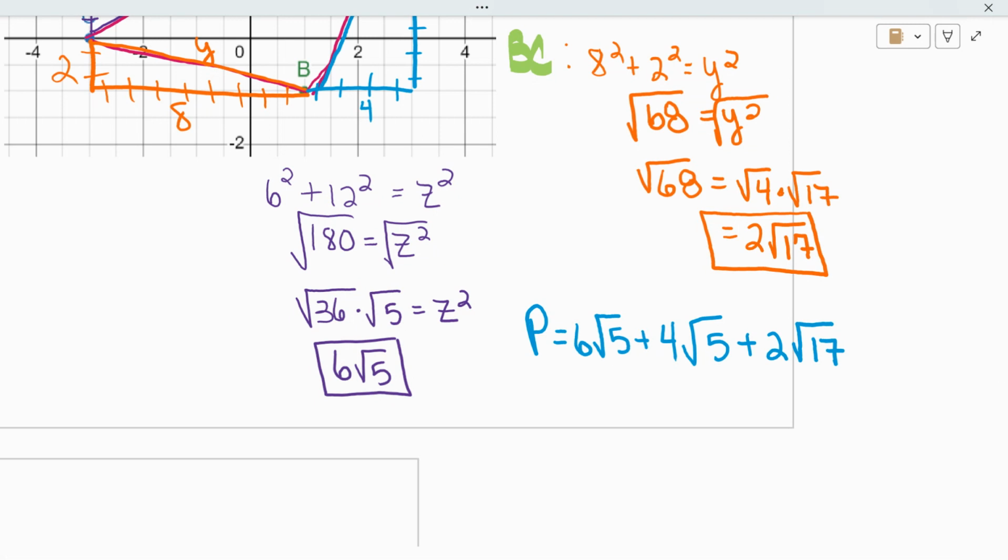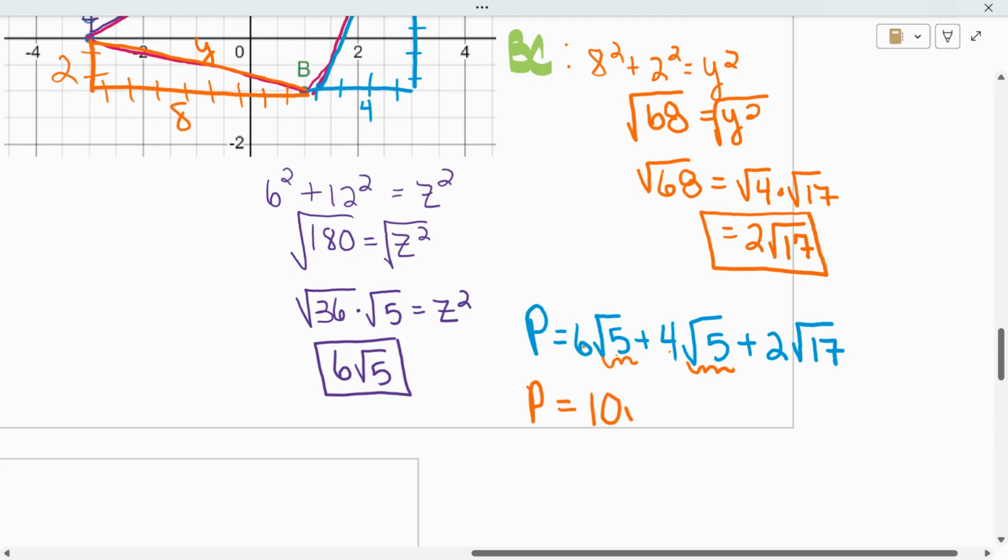If the radical value is the same, you can add those together. It's like saying 4x and 2x. So 6 root 5 and 4 root 5 get added together for 10 square root 5 plus 2 square root 17. Okay?